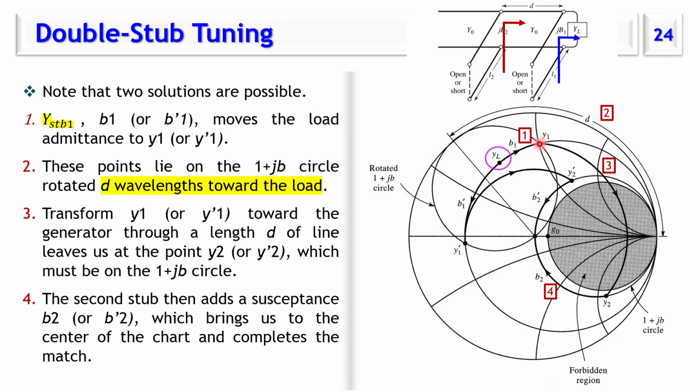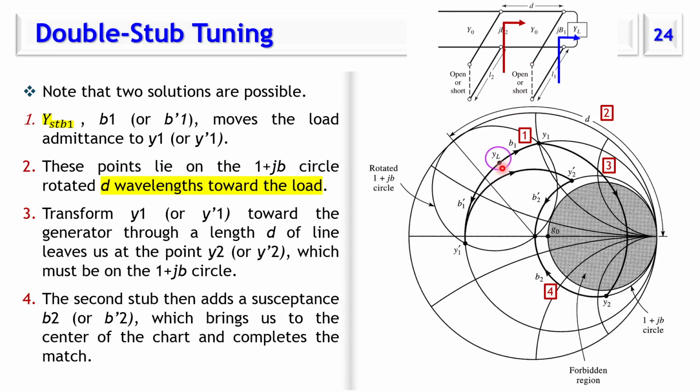The two intersections here and here are the two possible solutions to find jB1. So the intersection between this constant circle and the rotated locus of 1 plus jB defines Y1 and Y2, the needed admittance of the first stub.